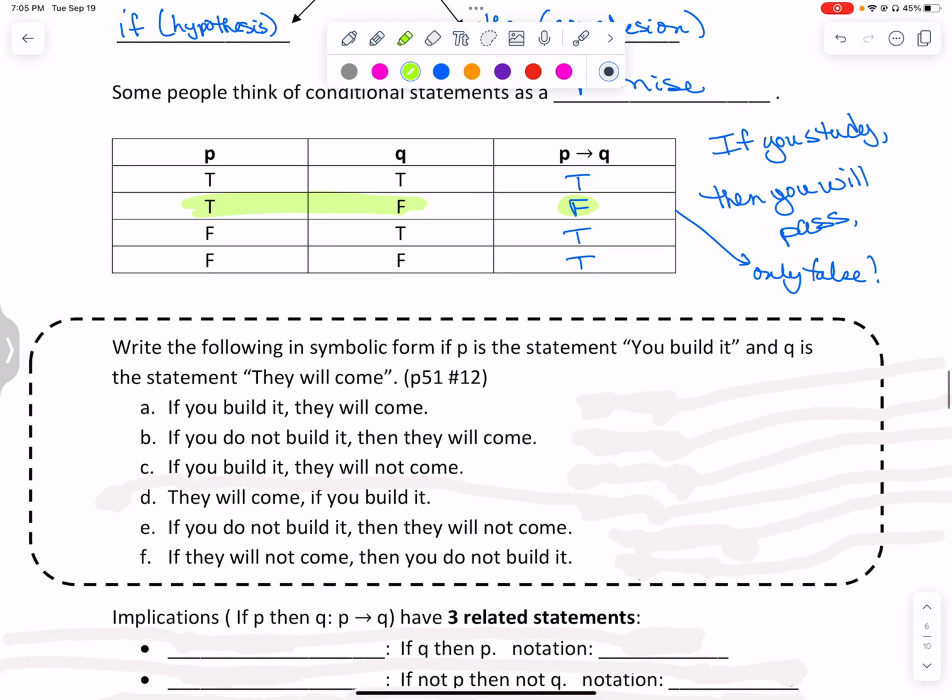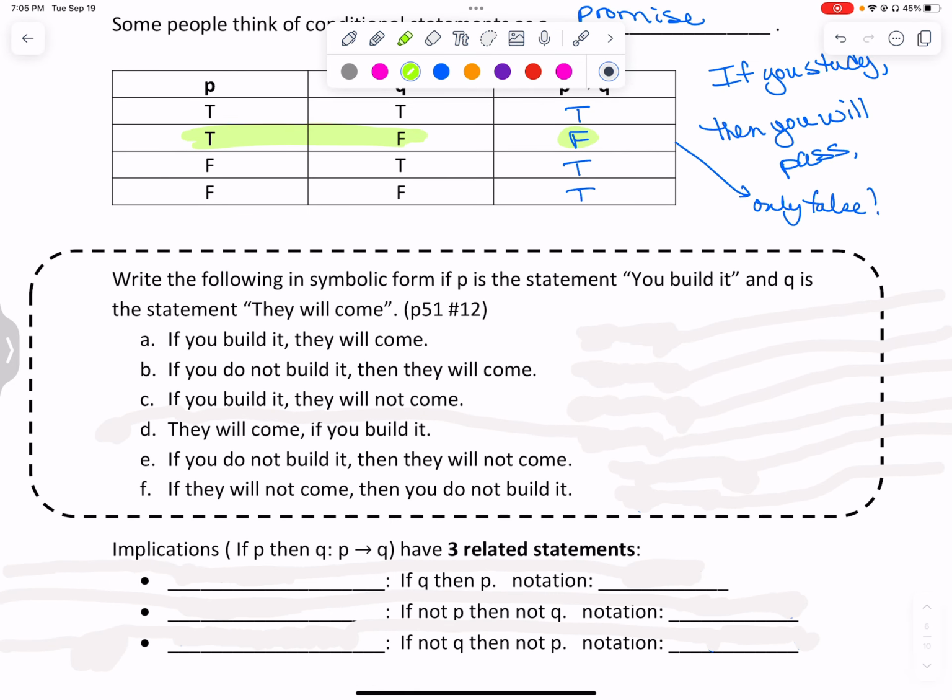Okay. So we're going to practice writing these words that we see here in symbolic form. The if you build it is going to be my P. And then they will come is going to be my Q. So this one says if P, I could write then right here, but you don't have to.